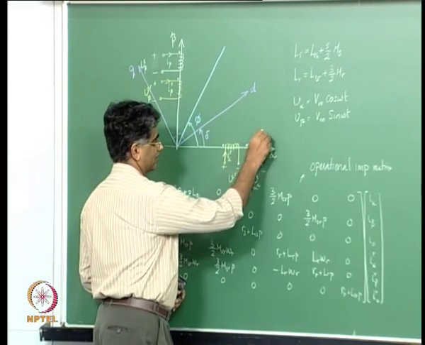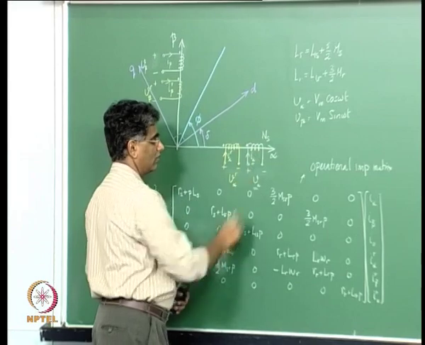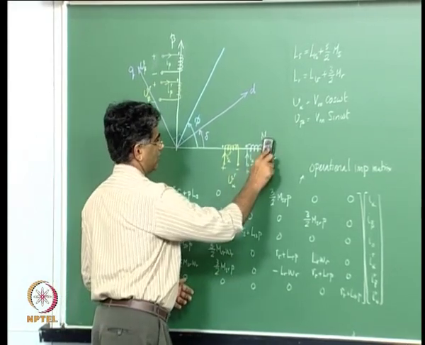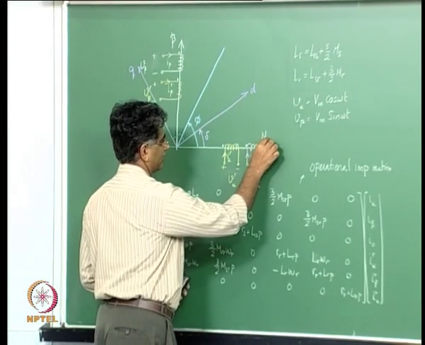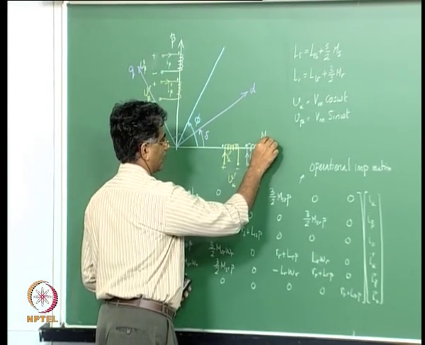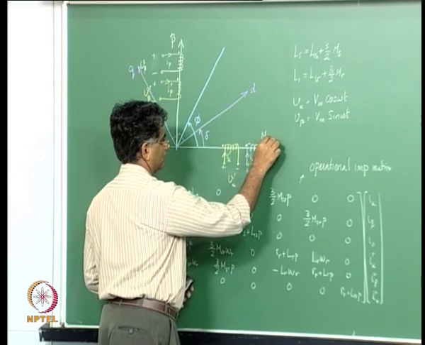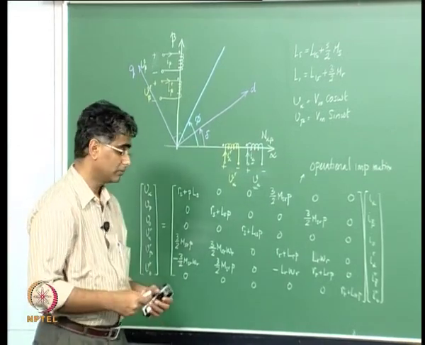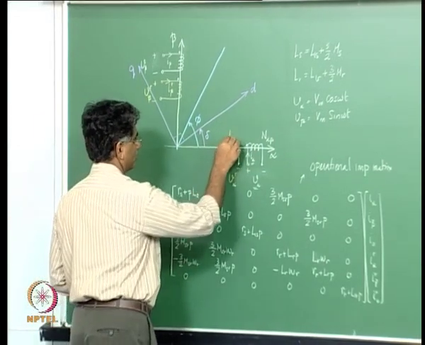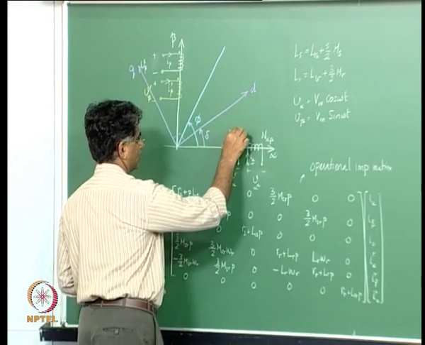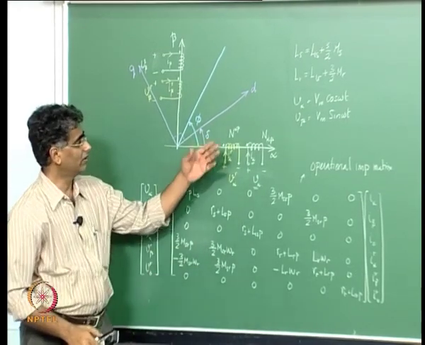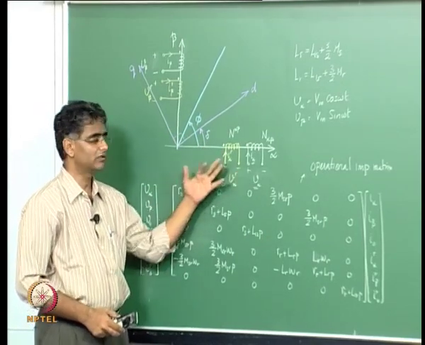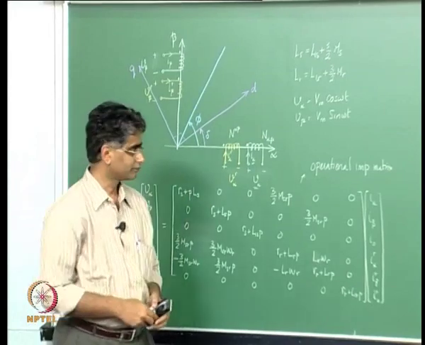If you call this the number of turns of the stator, or let us call it, it is not really the number of turns of the stator, let me call it n alpha beta for the stator, and we can call the rotor turns n alpha beta, that is to mean in the alpha beta reference frame what are the number of turns. The stator turns and the rotor turns may be different.